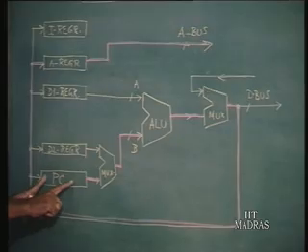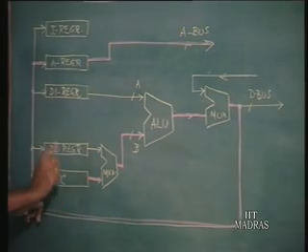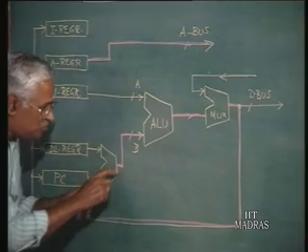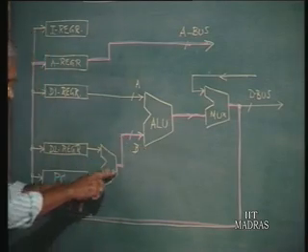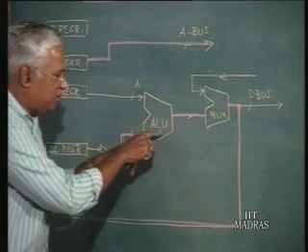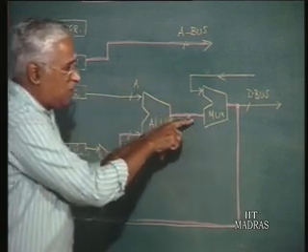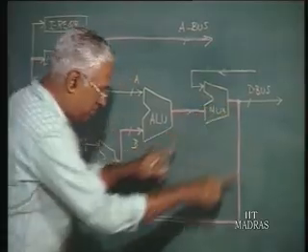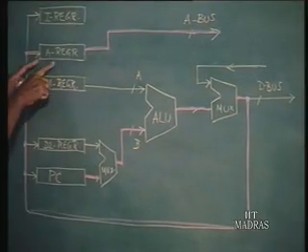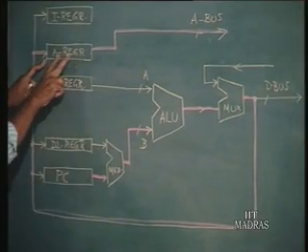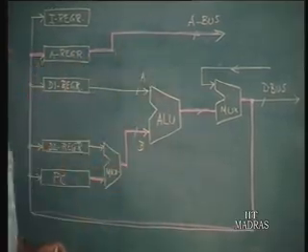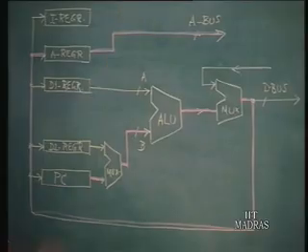The contents of PC, what is the content of PC? It is the address of an instruction to be fetched, which is available here. This must be routed through this multiplexer, passed on to the B leg of the ALU, and the output of the ALU must be passed on through the mux to the A register, which must be enabled so that whatever is there in the A register is placed over the A bus.